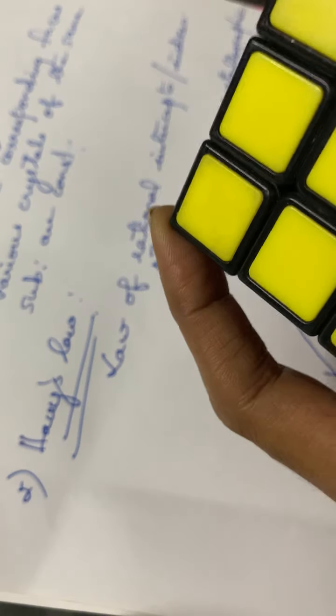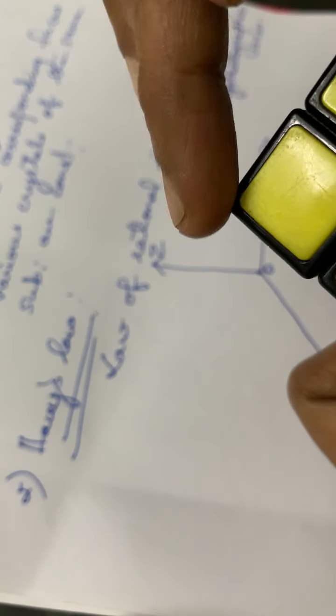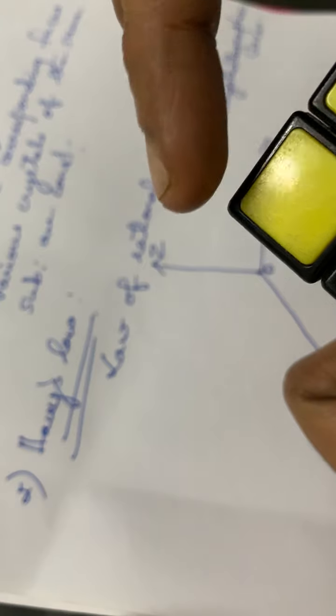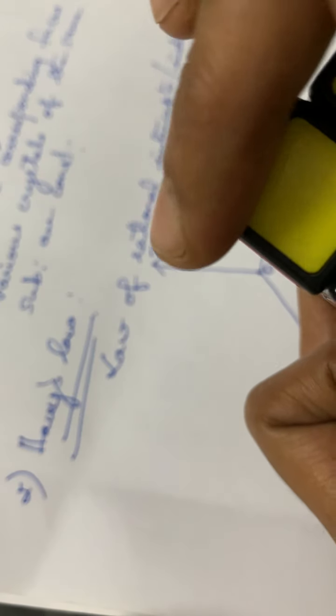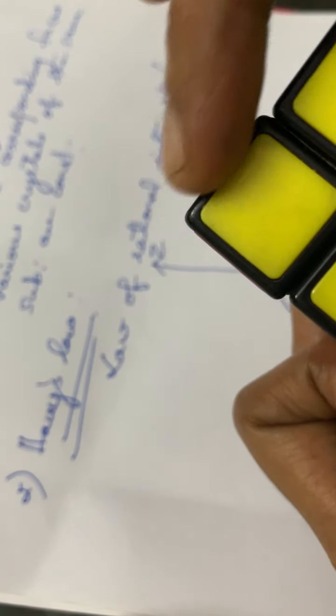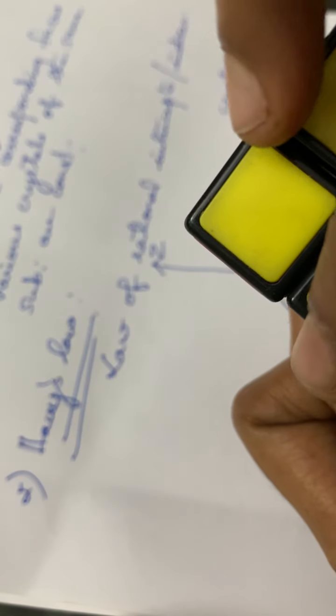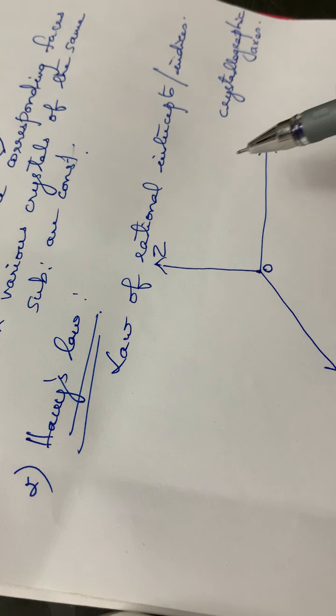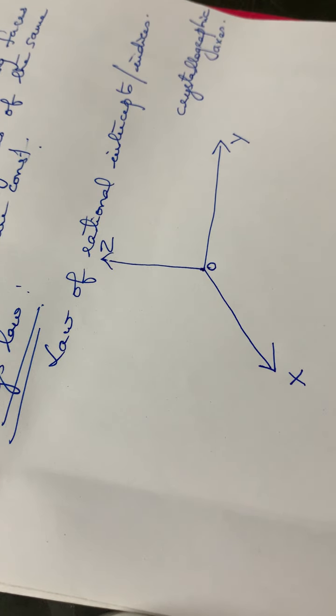So this is one corner, and we can denote this point by O. Then this is one edge, one axis, the OX axis, and this is the OY axis, and this is the OZ axis. OX, OY and OZ, the three crystallographic axes.